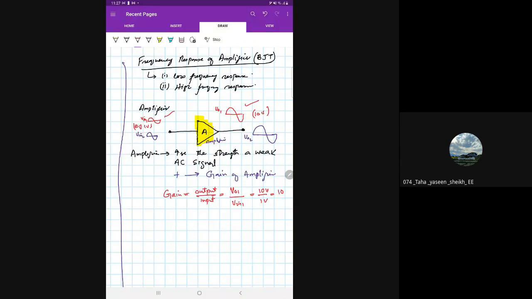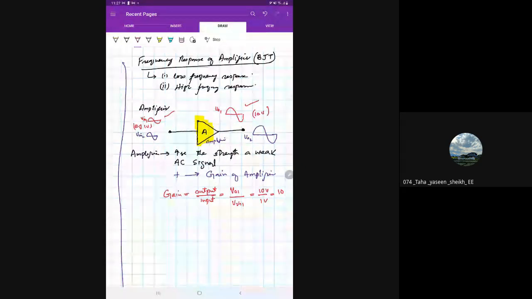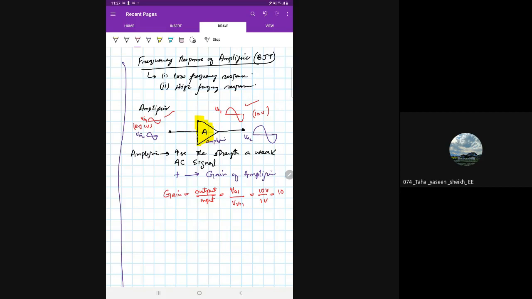What could your weak signal be? It could be a signal picked up from the body, from the scalp of the skin, or a signal from your microphone, or a weak signal from your sensor or transducer. There are a variety of examples, but gain is very important.